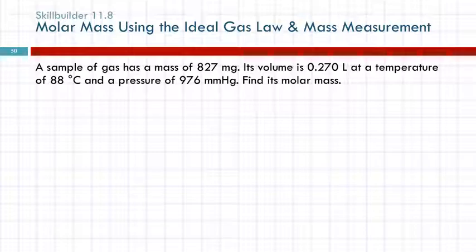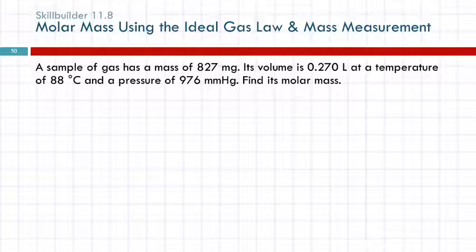I'm going to do this one because it's got more space, and I don't think I need to do 2 of these. These are very similar problems. So here we have a gas sample with a mass of 827 milligrams. Here's its volume. Here's its temperature. Here's its pressure. Find the molar mass.